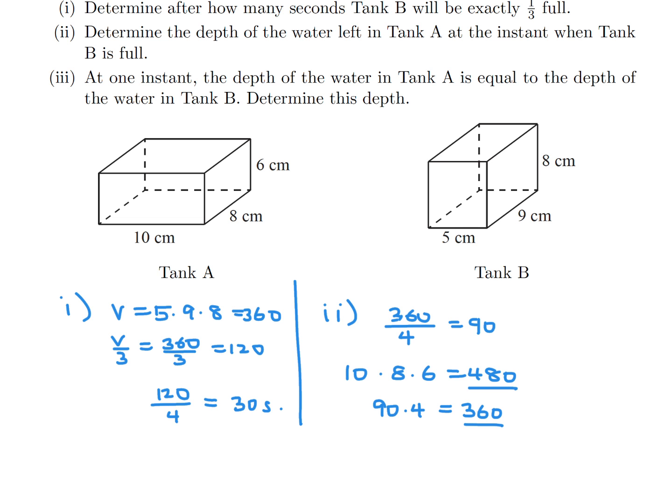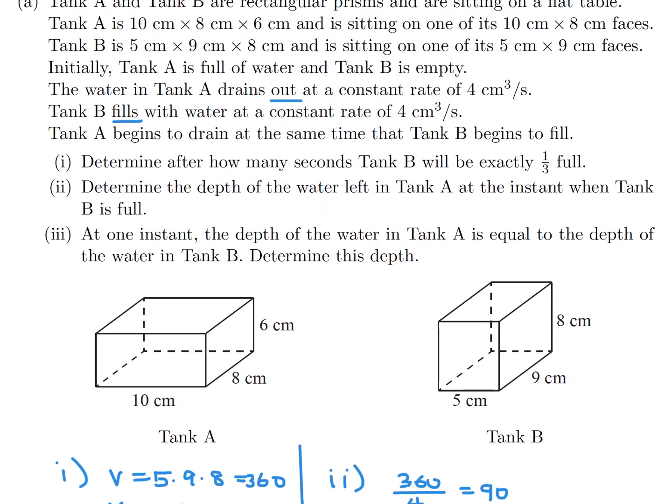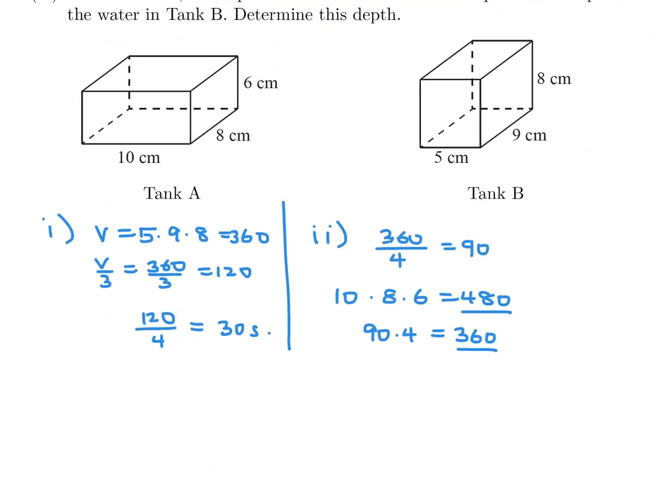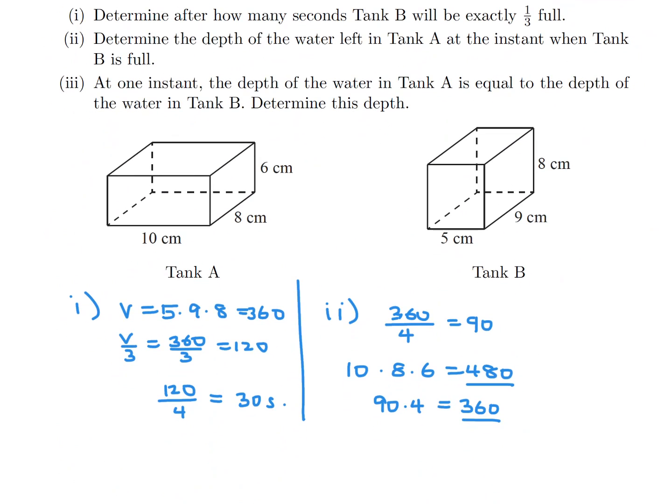So we got to figure out. Well, actually, no, it's draining. Tank A is the one that's draining out. Okay, so it starts with 480, and it's going to drain out 360. So 480 minus 360 is how much is left. So 120 is left.